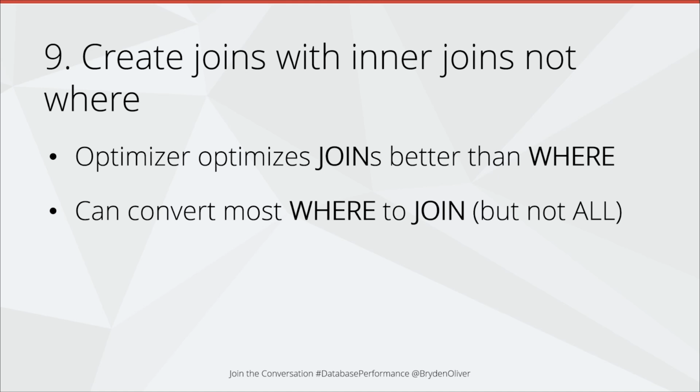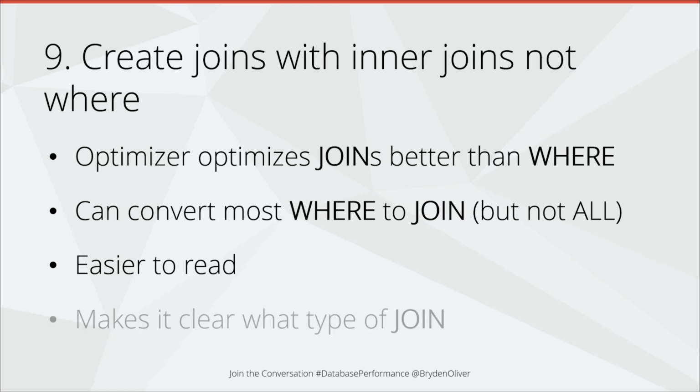And the key thing here is that the optimizers these days optimize joins much better than they optimize a where statement. So if anything you can get into a join and you're joining 2 tables together, you're much better off. It's also easier to read, as I'll show you in the example.